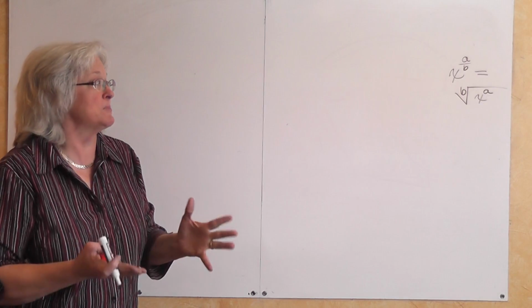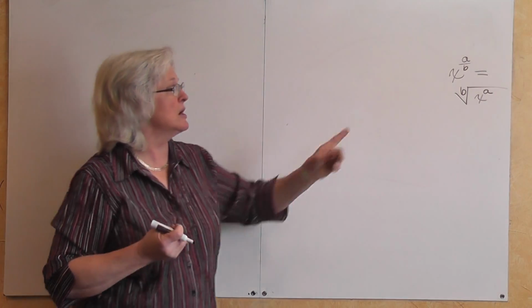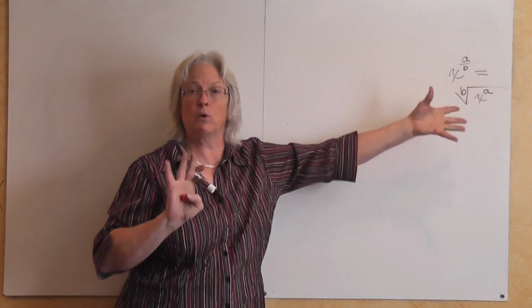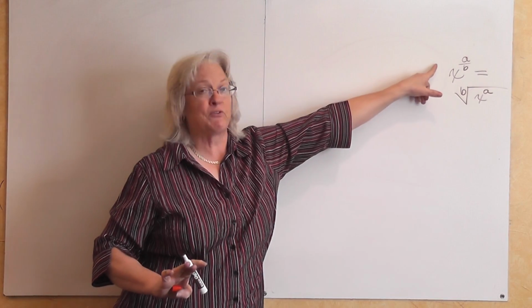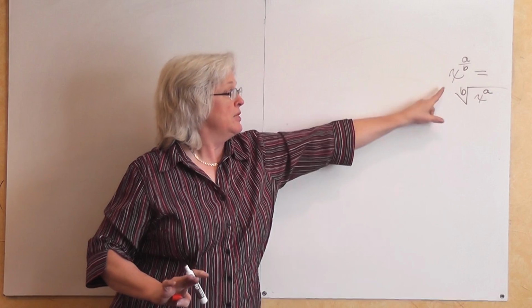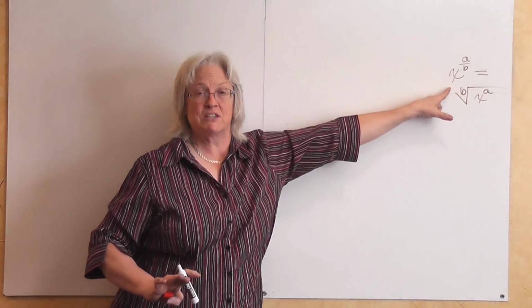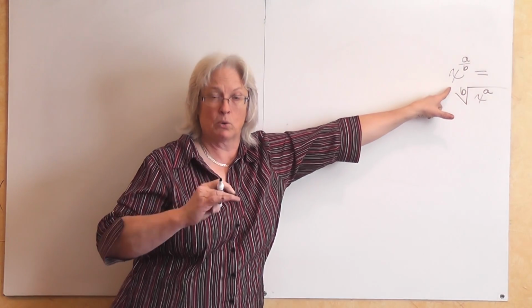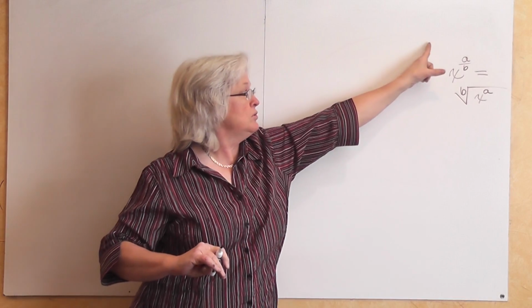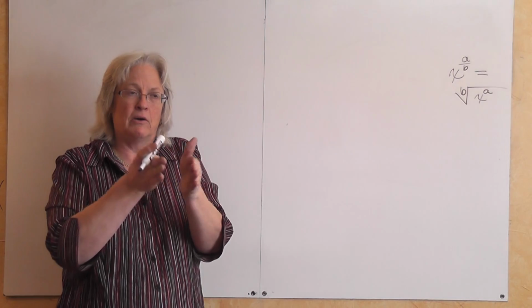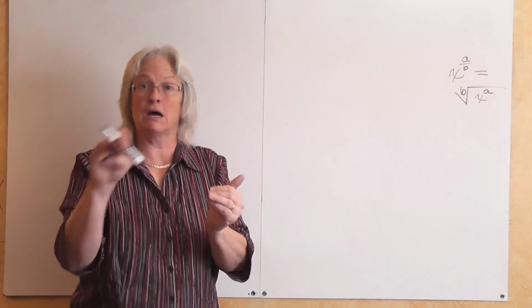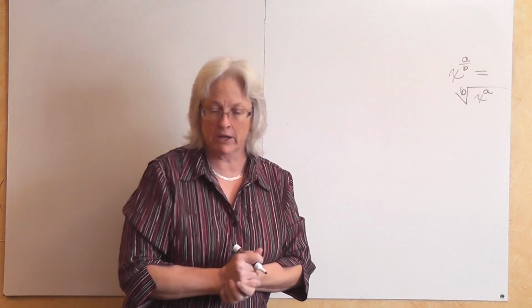You don't have to be able to speak that because it's just a bunch of gibberish. But you have to understand that if you want to go back and forth between those two notations, with a fractional exponent, the denominator represents the index, or which root you're taking. The numerator represents the power of the expression inside that radical sign. Okay?